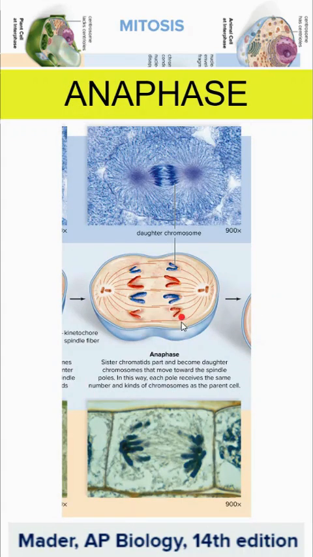So in anaphase, we actually do get some separation here. The sister chromatids are being pulled, and they're kind of being walked as well through kinesin and dynein motor proteins along the spindle fibers, and the spindle fibers are also shortening as they go.